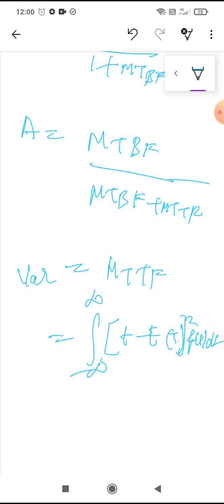So for exponential distribution, if we integrate this, we get variance equal to 1 upon lambda square.